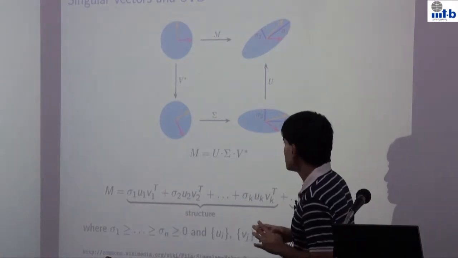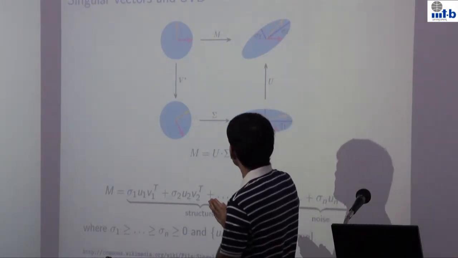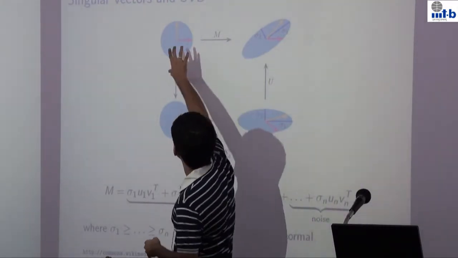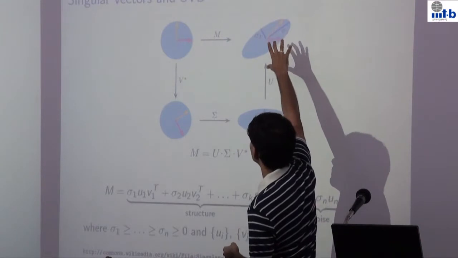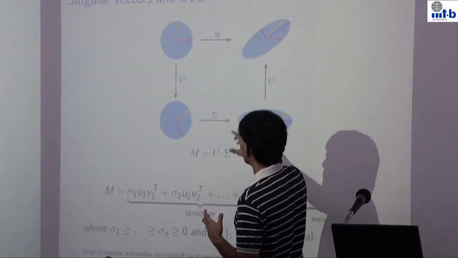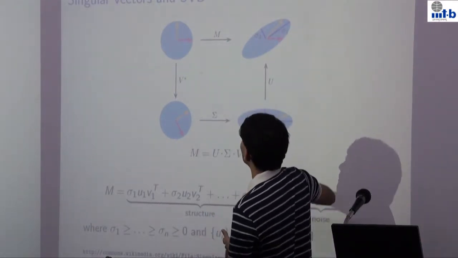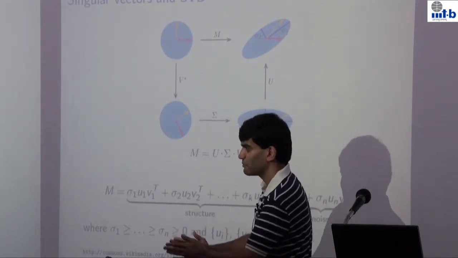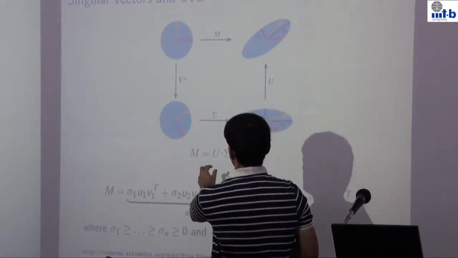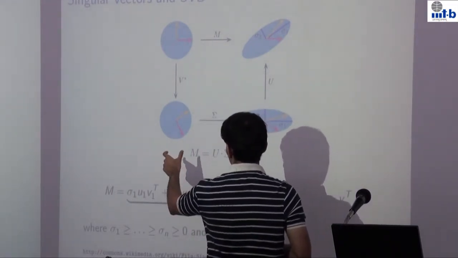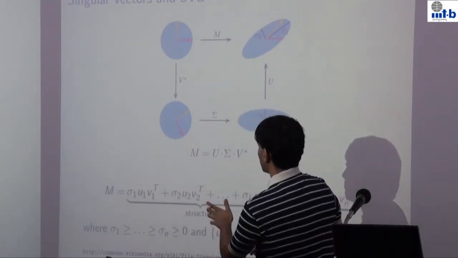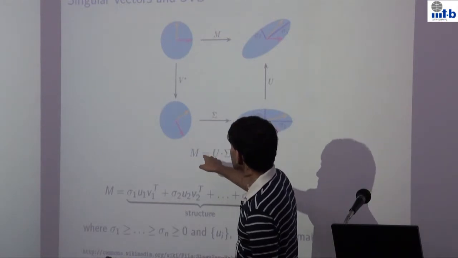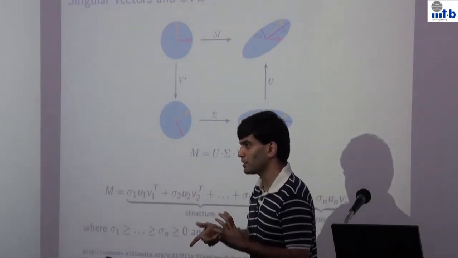And singular value decomposition is just decomposing this map. M takes this unit ball to an ellipsoid, and the singular value decomposition tells you how this map works in a systematic fashion. What it says is you can decompose the matrix M, or its corresponding linear map, into 3 maps. First is a map that is an orthogonal transformation.